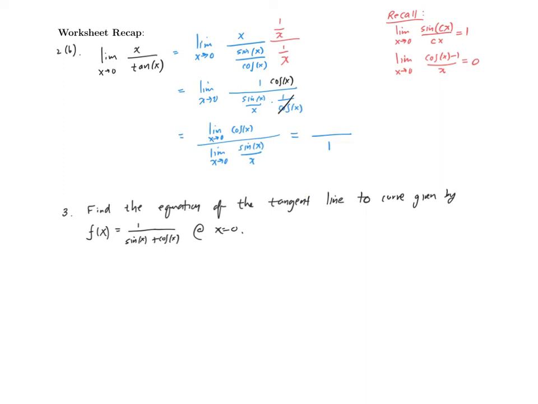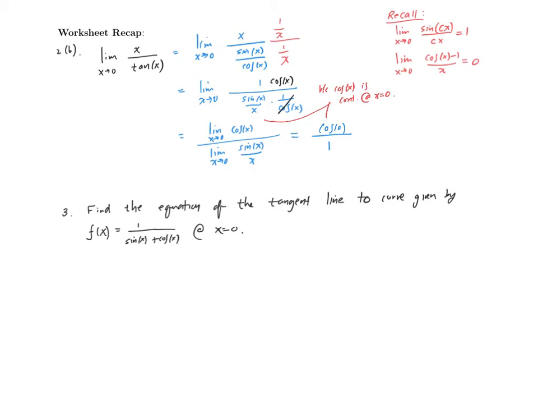But think for a moment, how could you justify simply just plugging in x equals 0? And the answer is because cosine is continuous, and that's the definition of continuity. So just to give a small bit of justification at this step, I'm going to go ahead and just note because cosine x is continuous at x equals 0.